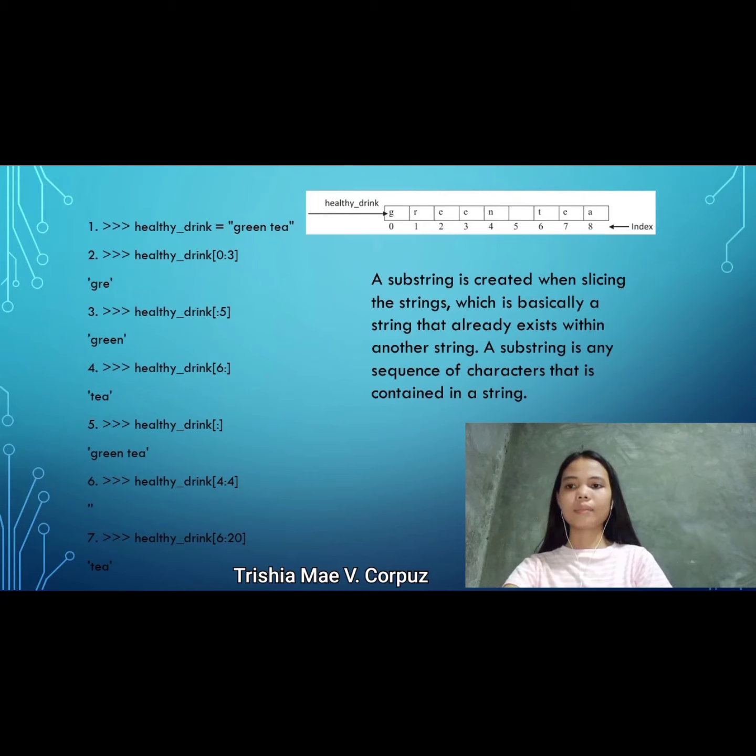Kapag wala namang nakalagay na start index or end index, ang i-display niya yung entire string, which is yung green tea. Pag equal naman yung start index at end index, magre-result yan ng empty string.